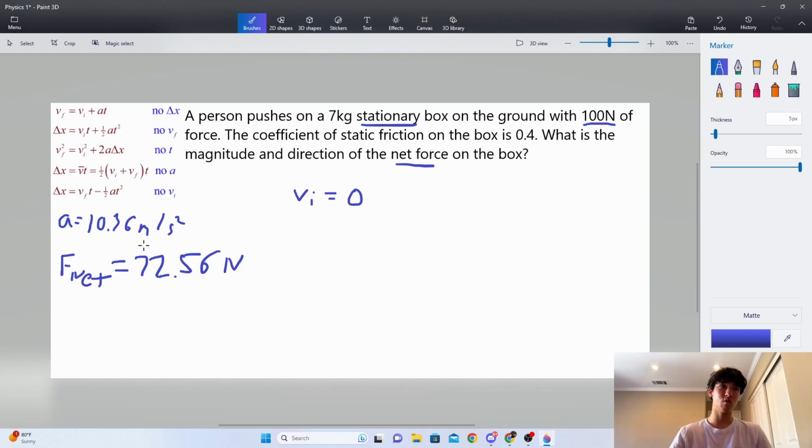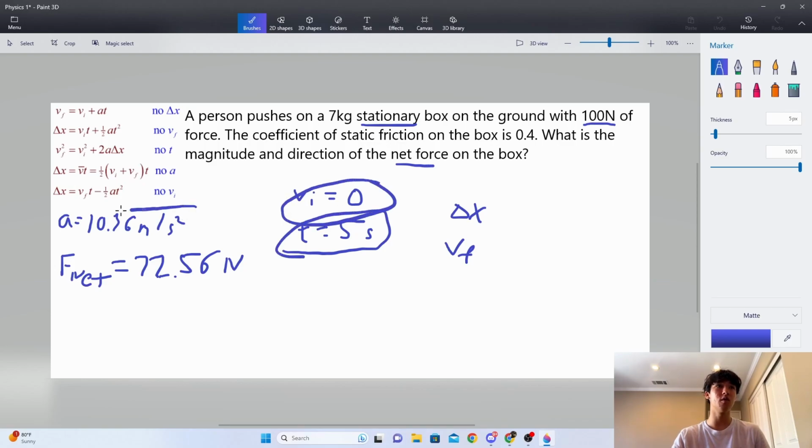And we solve for acceleration, and say the problem was, how far did the box travel in 5 seconds? So it'll give you another variable, right? So say it was time, 5 seconds. So then we're supposed to find change in x, or maybe it wants us to find the final velocity. Well, whatever it is, we have 1, 2, 3, and so we're essentially able to solve for these just using kinematics equations, and it's really that simple. That's it. Let's do an example doing that.